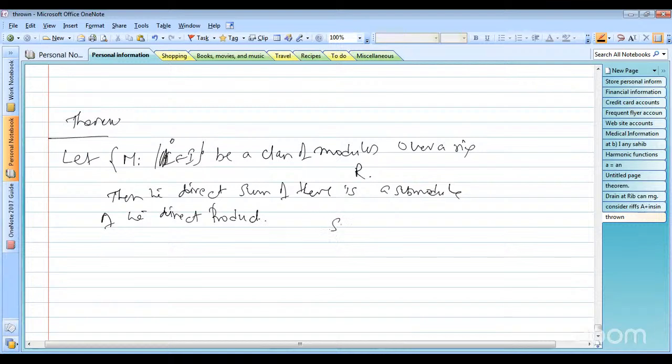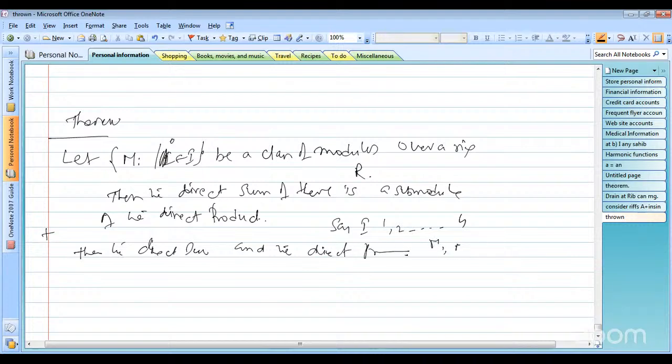If I is finite, say I is equal to 1, 2, 3, and so on, then the direct sum and the direct product are the same. The direct product also we are taking here.